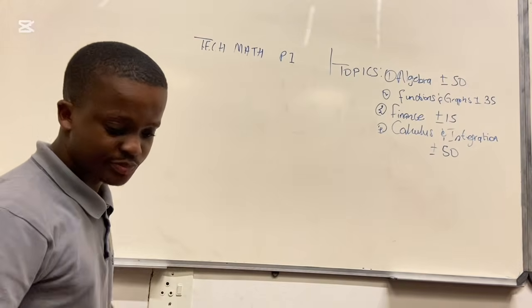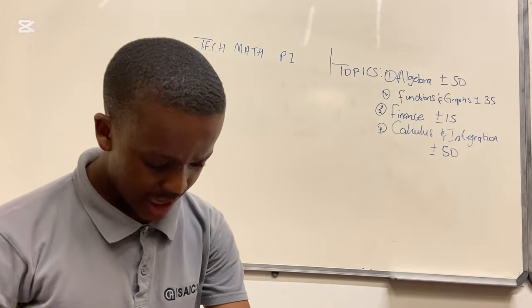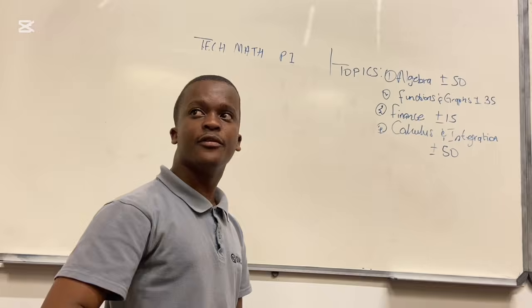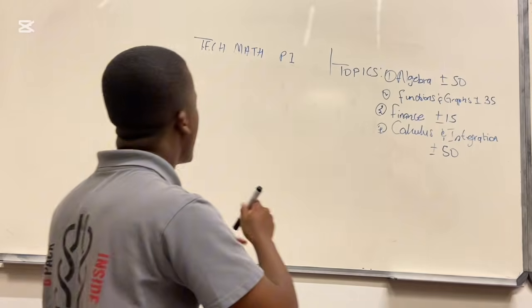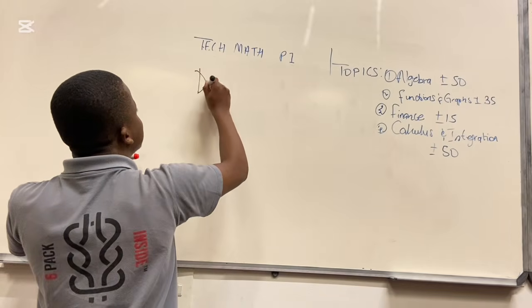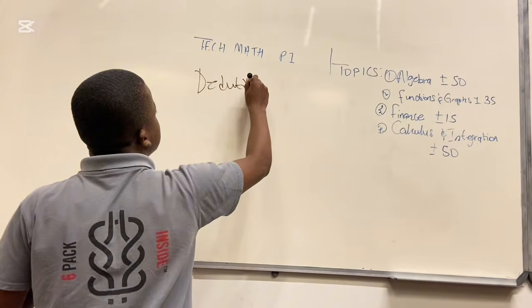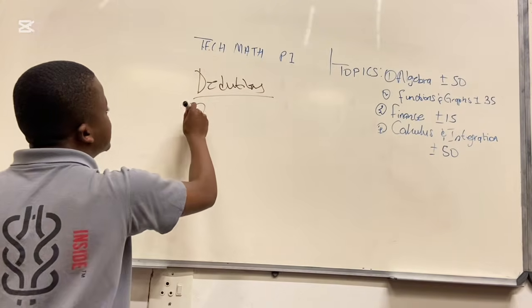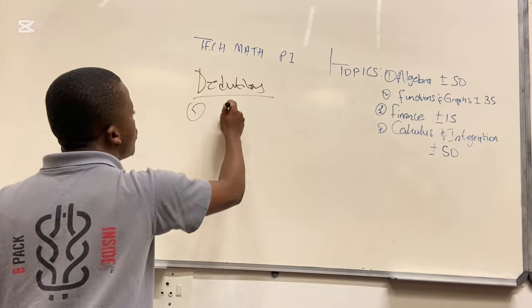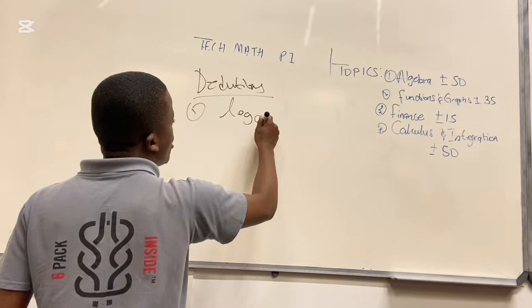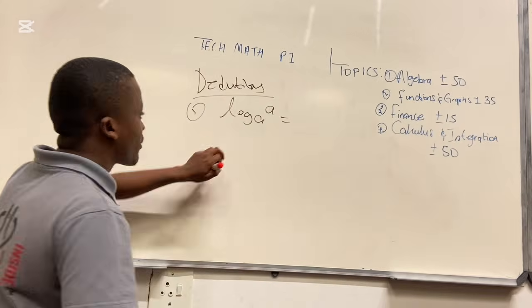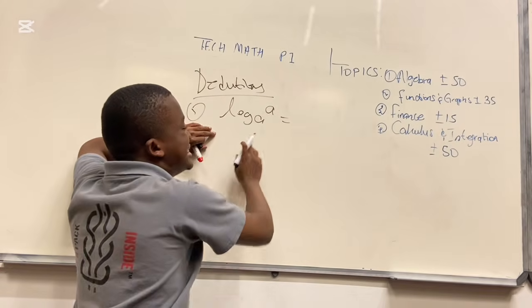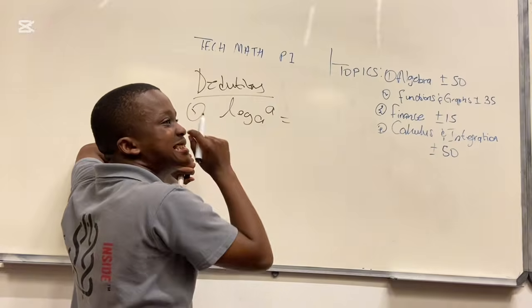Now let's go. Before questions, guys, also note the deductions. Deductions, this is revision. The first one: if we have log base A of A, this gives you what?